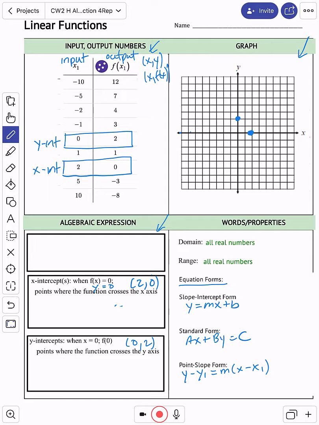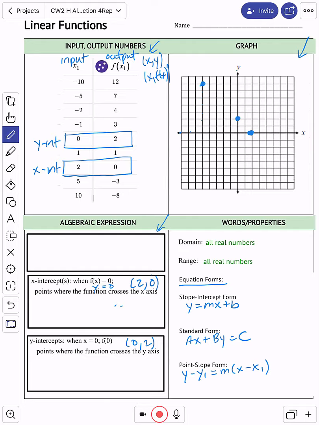I don't have room to plot the minus 10 and the 10 input points, but for x equals minus 5, I get 7. 5, 6, 7 is right here. So whatever this equation is, if I put in x equals minus 5, what comes out, f of x, is going to be 7.